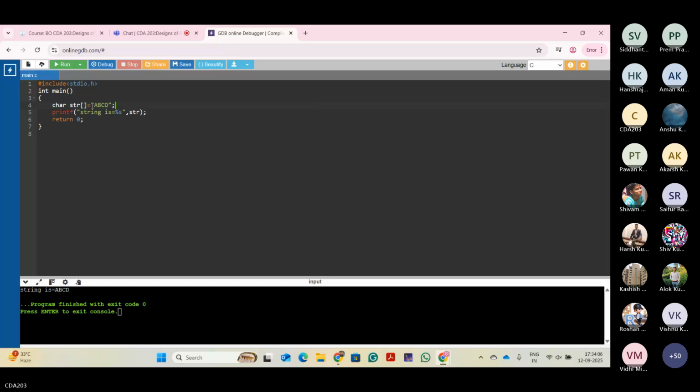For that, you have to remove it and give it a size of around, let's say, 40. So let's say I'm using scanf, with %s.